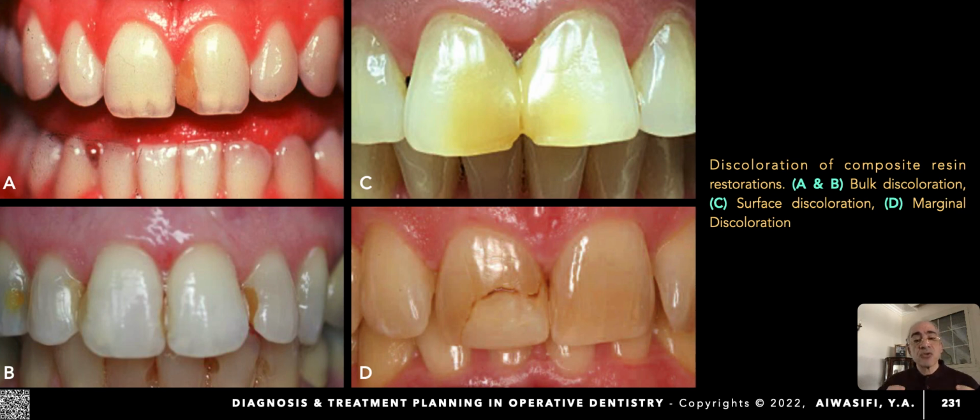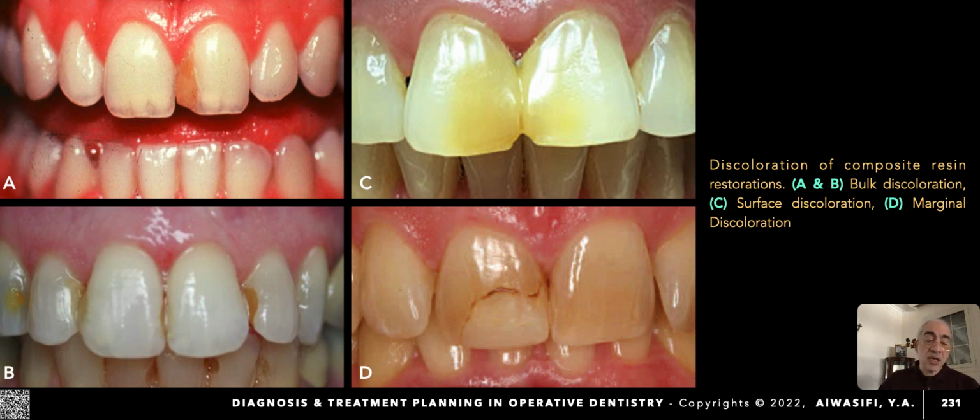And if you ask your patient about the history of this restoration, you will discover that he was suffering from sensitivity, or maybe is still suffering from sensitivity, after immediate restoring of his tooth with this restoration.